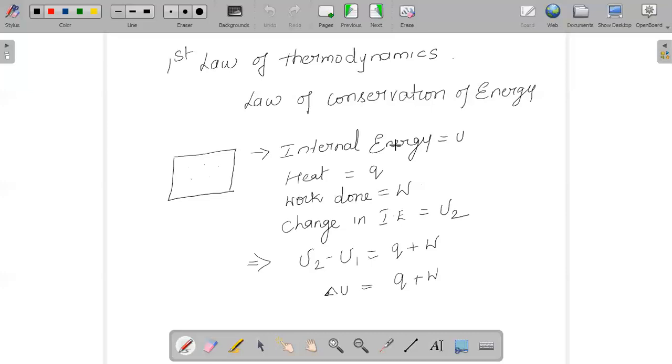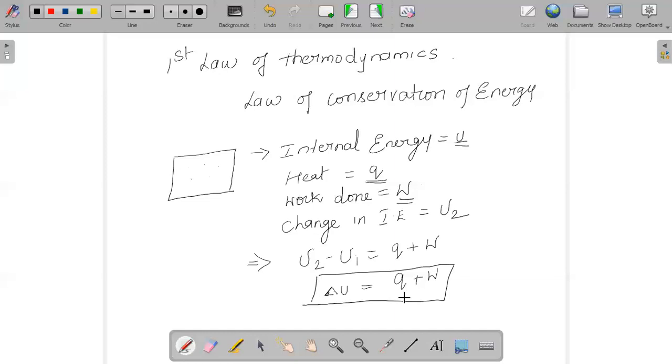So for example, we have a formula here: delta U is equal to Q plus W. Suppose I consider a system whose internal energy is U1, heat supplied is Q, work done is W, and the changed internal energy I assume to be U2. So U2 minus U1, that is the final minus the initial, we say as delta U, or change in internal energy.